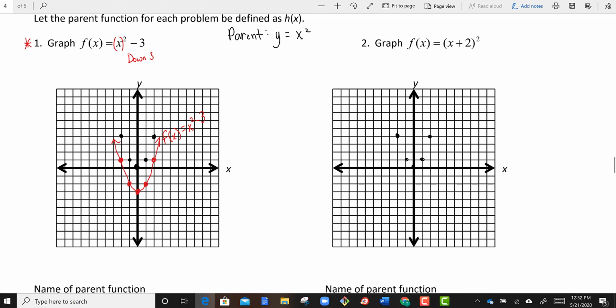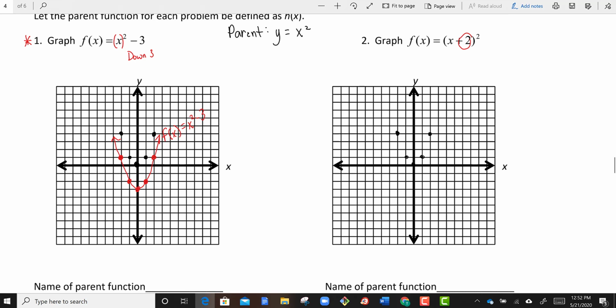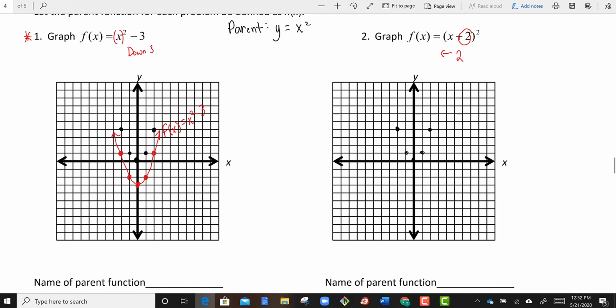Number 2, the plus 2 is on the inside, so that's going to shift us left 2 units. It's a horizontal shifter. So again, we're going to take all of these parent function points and just shift them left 2, and then that's it. So this point right here shifted left 2 and actually landed on one of the other dots.